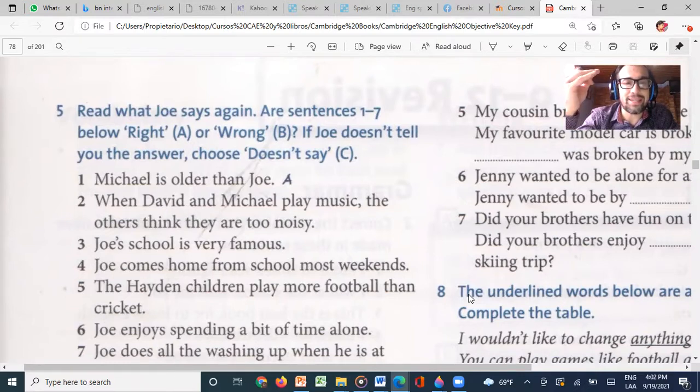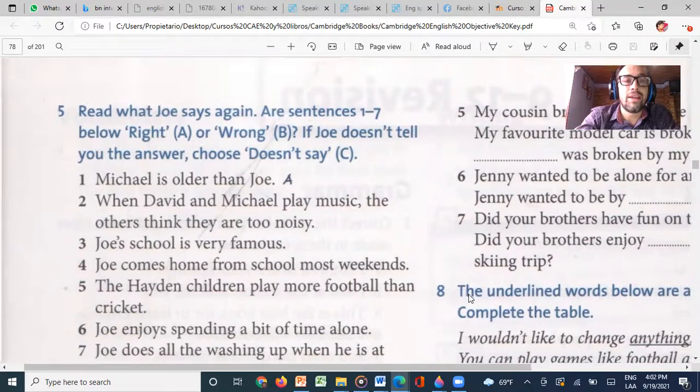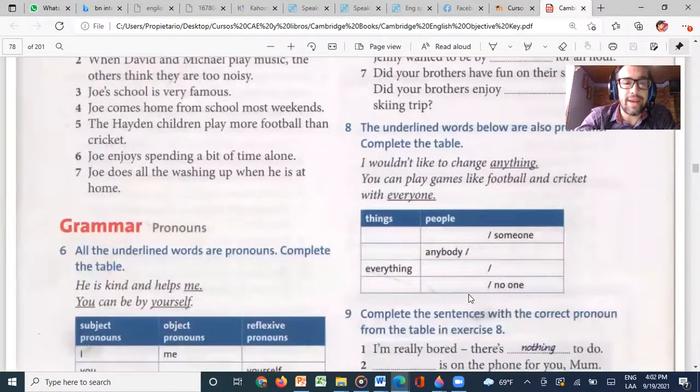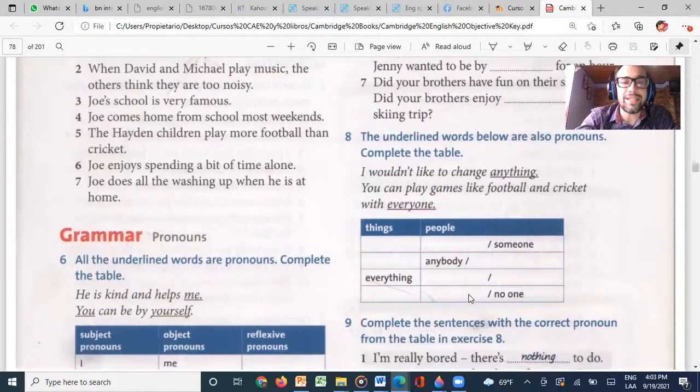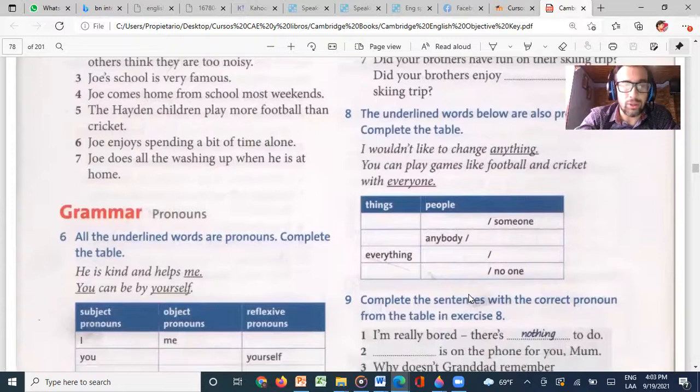And C doesn't say, right? So again, read what Joe says again below. I'm sorry, you need to write A if it's right, B if it's wrong, and C if it doesn't say, okay? So let's do this right now. You can pause the video for the moment, do this part, and you can check it out in your booklet or check it out with us also.